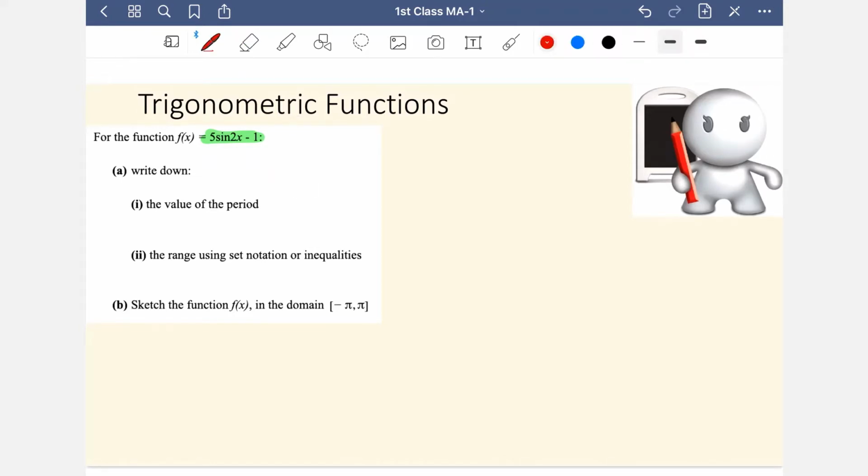What you would need to recognize is that the period of a sine of x function is 2 pi. But here, I don't have sine of x, I've got sine of 2x. So I need to divide by the coefficient of x, which is going to give me a period of pi. Now I'm going to link that back to our second question within our slide, that dilation.